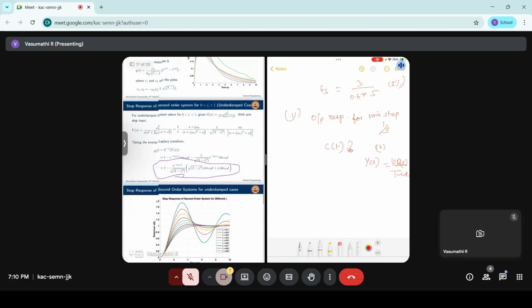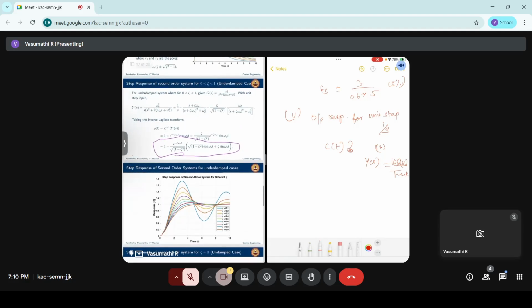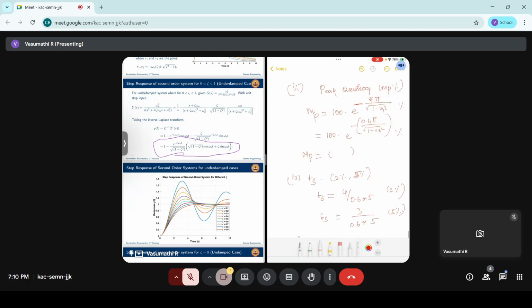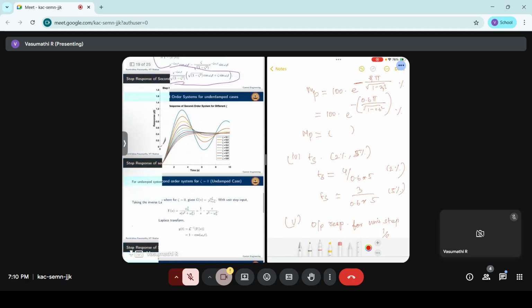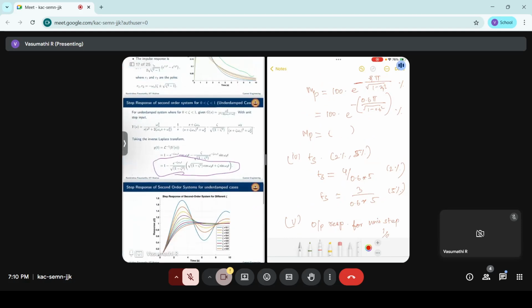The step response of the second order systems is underdamped. What is the damping here? Zeta is equal to 0.6, right? So you should look for the underdamped case. You should use this formula, or you can follow taking the Laplace, finding the output response and taking the inverse Laplace transform, which is another way to solve the problem.